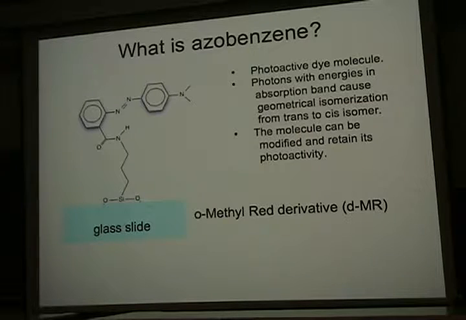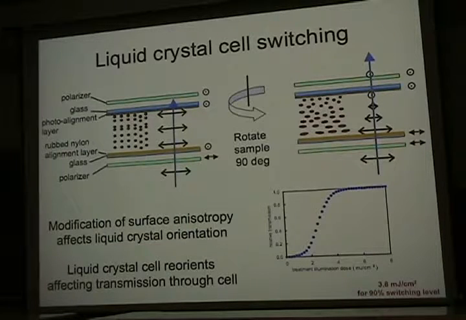So in contrast to the last talk, I won't be investigating how the monolayer aligns liquid crystals. I'll just be studying the monolayer by itself. But it does align liquid crystals, and that's why it's of interest to this center. This graphic displays what happens if you have that twisted nematic liquid crystal cell that was introduced in the last talk.